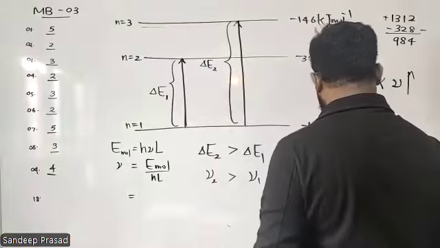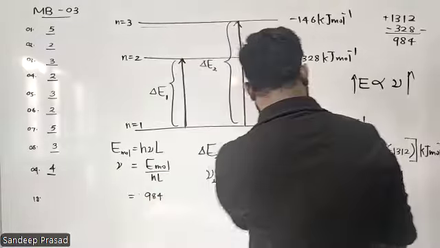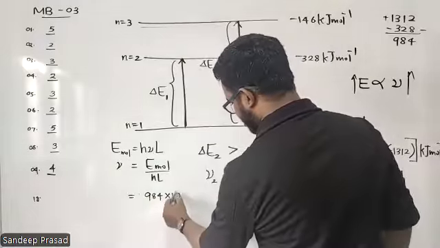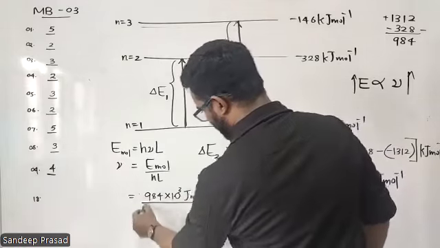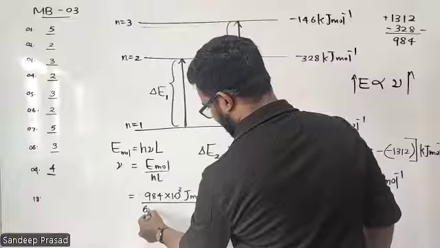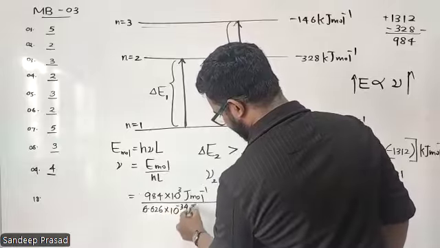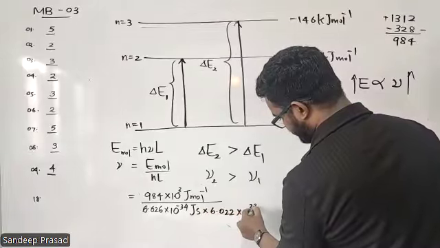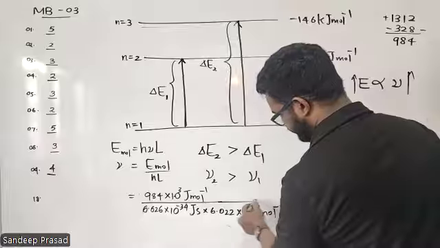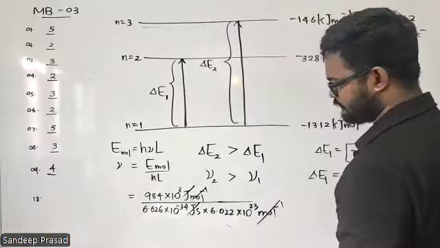What is E mole? 984. Shall I convert that kilojoules into joules? 10 to the power 3 joules per mole. The multiplication of Avogadro number and Planck's constant is there. Planck's constant is this value and Avogadro number is 6.022 times 10 to the power 23 per mole. Joules cancel off, per moles will cancel off.